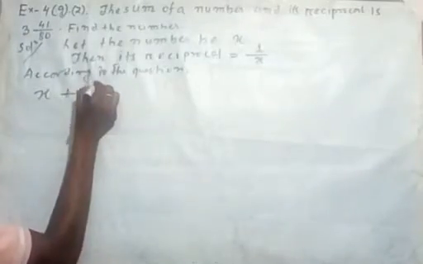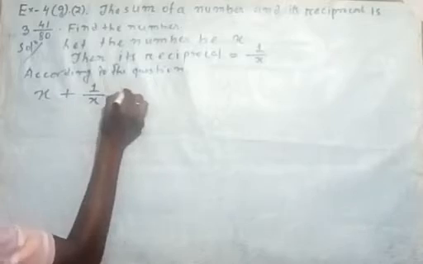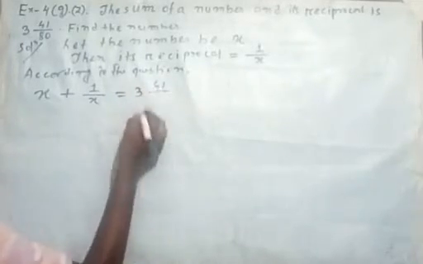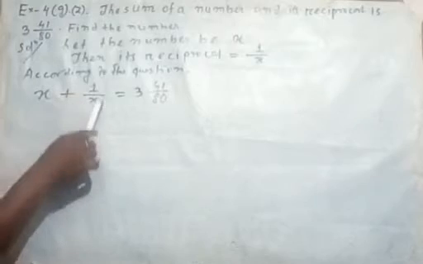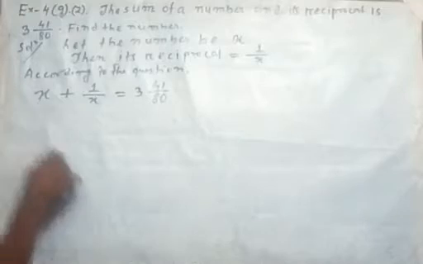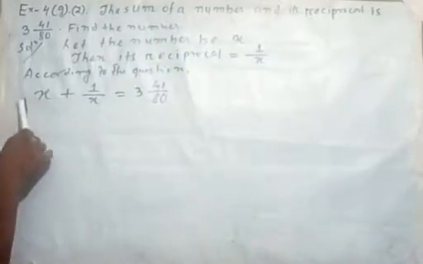Sum means plus, and its reciprocal, which is 1 by x. According to the question, it is 3 and 41 by 80. So x plus 1 by x equals 3 and 41 by 80. We have made the expression from the question according to what they asked.